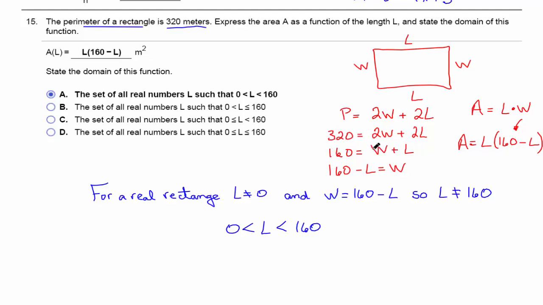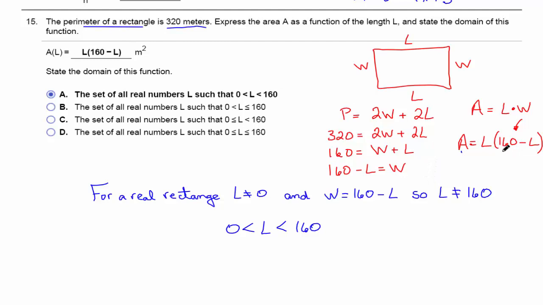I solve it for W. So W is 160 minus L. And if I plug that in, I get my formula for the area. And my formula for the area is L times 160 minus L. So there's my function. That's all we need.